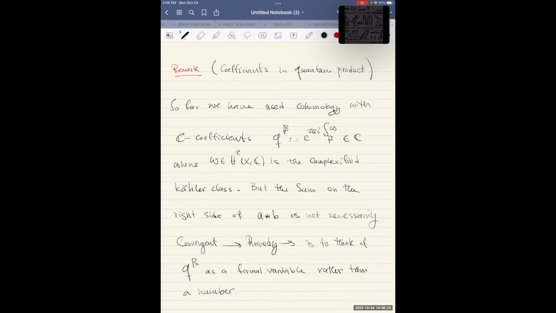And over Fano varieties, the sum also converges, because we saw that for bigger and bigger curve classes I give in here, since omega is anti-numerically effective, this will be e to the minus some number, and it converges to zero.